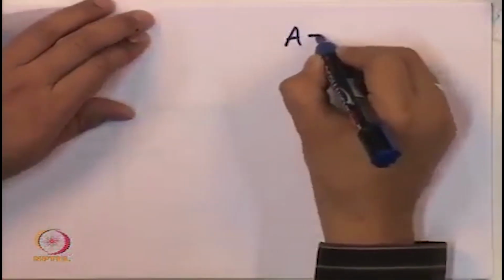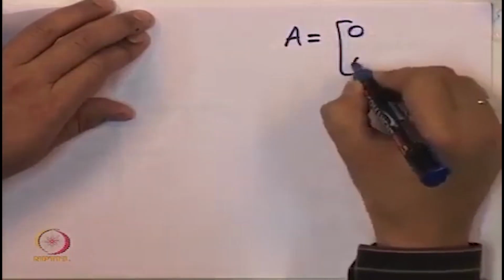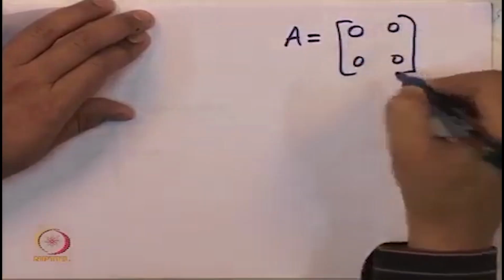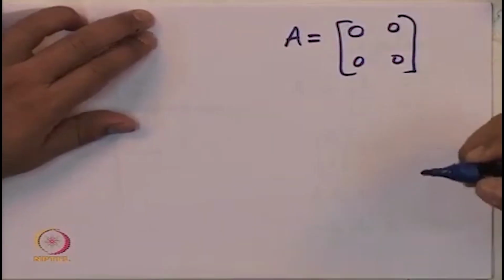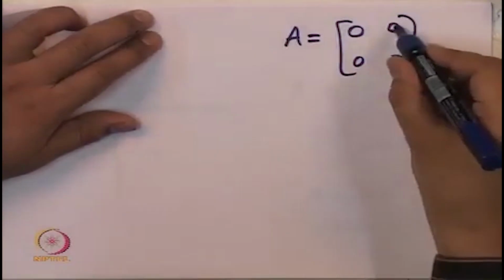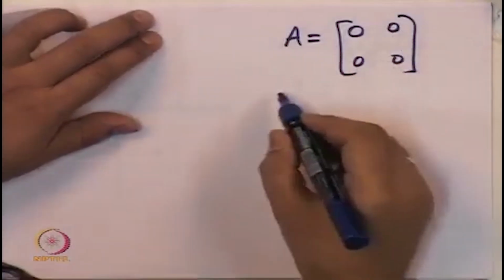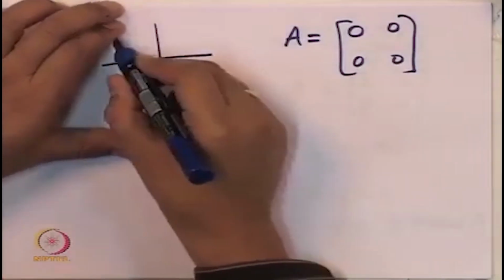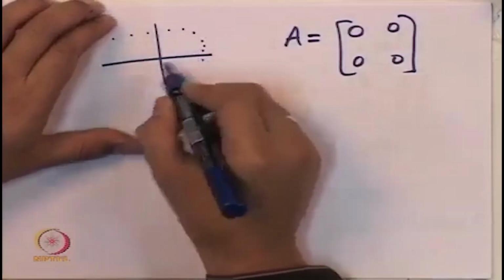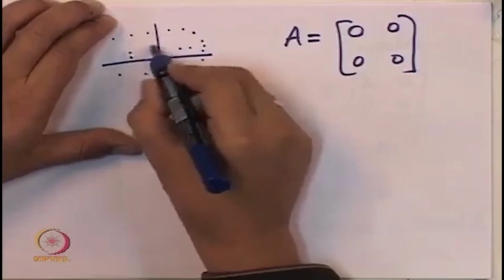The next example is when A has both eigenvalues at 0. This is again an example of repeated eigenvalues. So let us first take when A has two eigenvalues at 0 and when A is diagonalizable, that is when we have 0 here. So A is a 0 matrix. So the entire R2 plane is made up of equilibrium points.